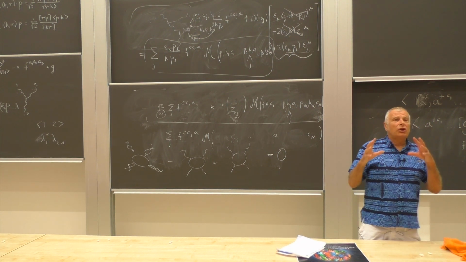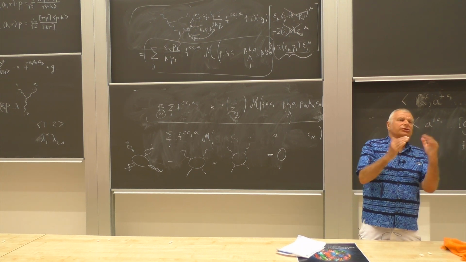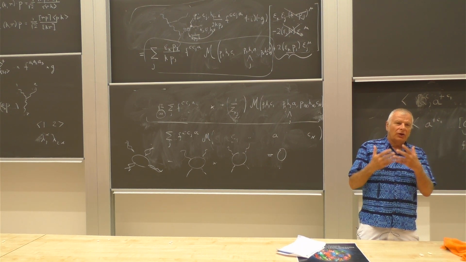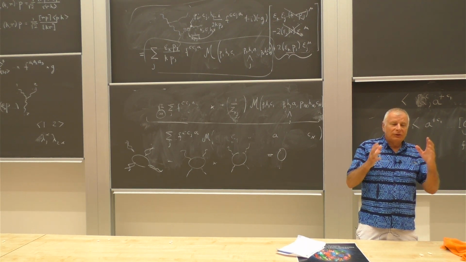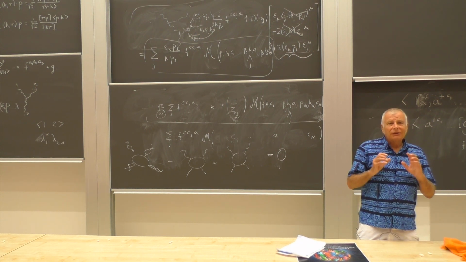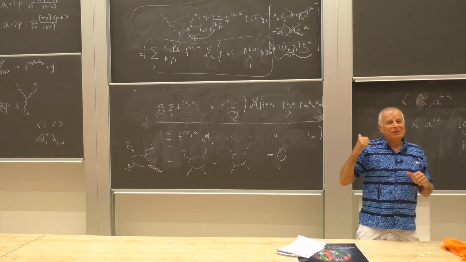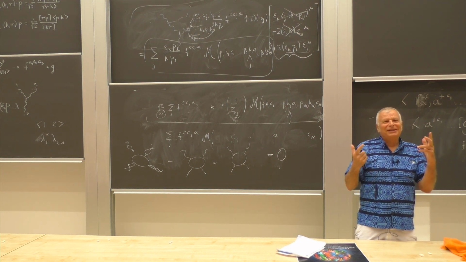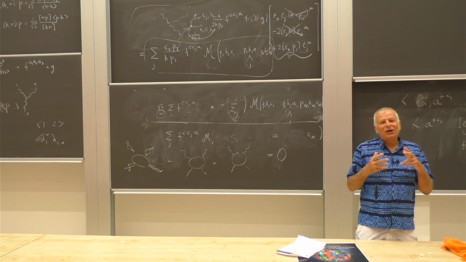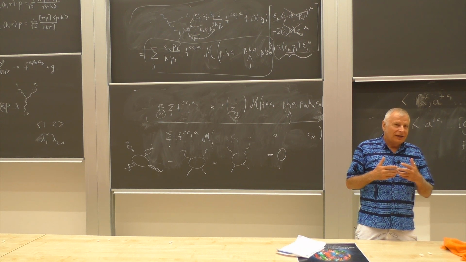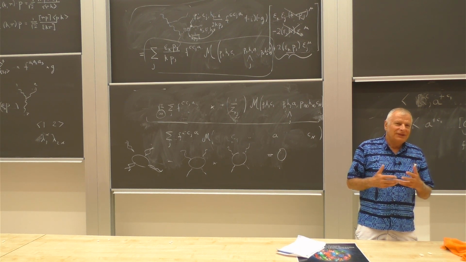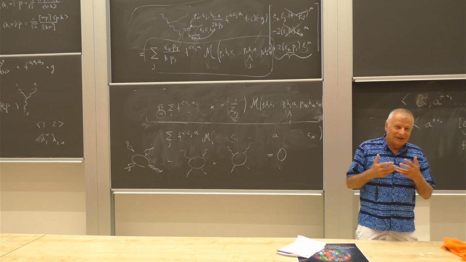Exactly. So in order to proceed as I described now, using the Bloch-Nordsieck theorem, you have to add loops. And when you have loops, of course, you have ultraviolet divergences. What is very special is that it is only in 4 dimensions, and what makes celestial holography very special is that it works very well in 4 dimensions, where you can define a CCFT, a 2-dimensional CFT, from 4 dimensions.